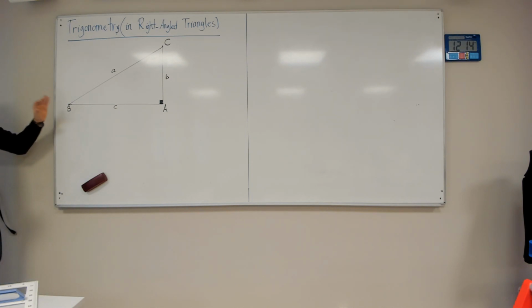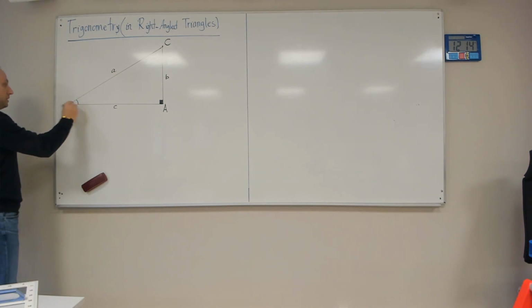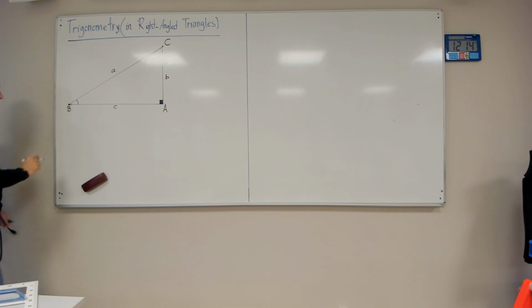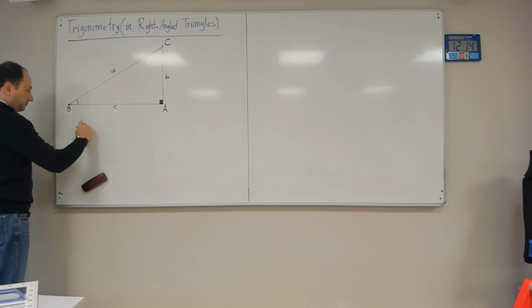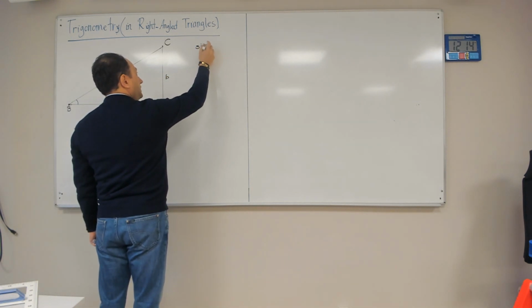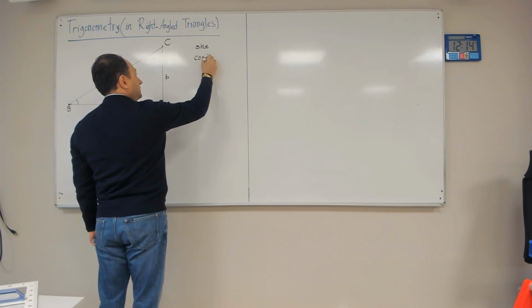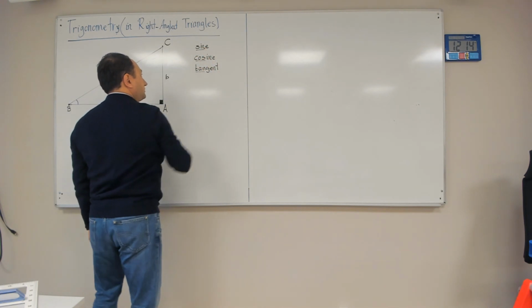Now let us concentrate on one of these acute angles, either B or C. For example, let me concentrate on this angle B. And then I can talk about sine of B. If you want to write the complete name, it is sine, cosine, and tangent, but we just take the first three letters.